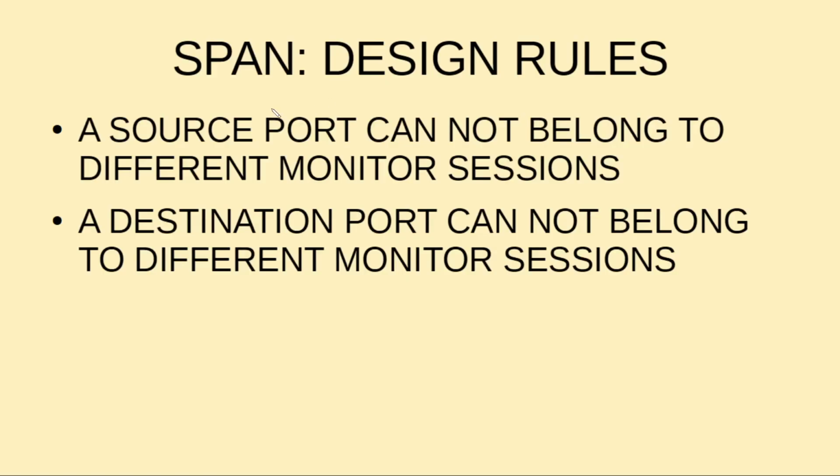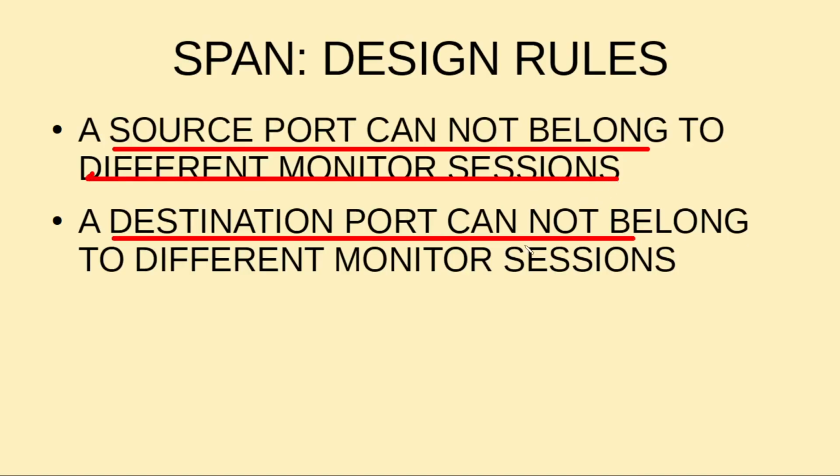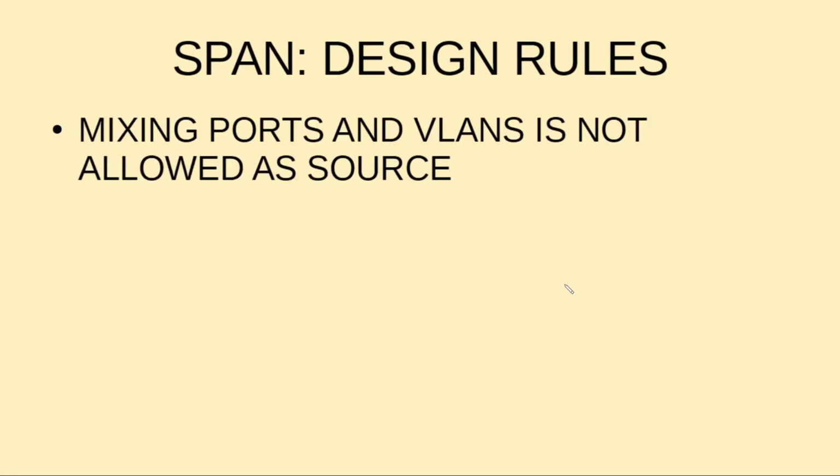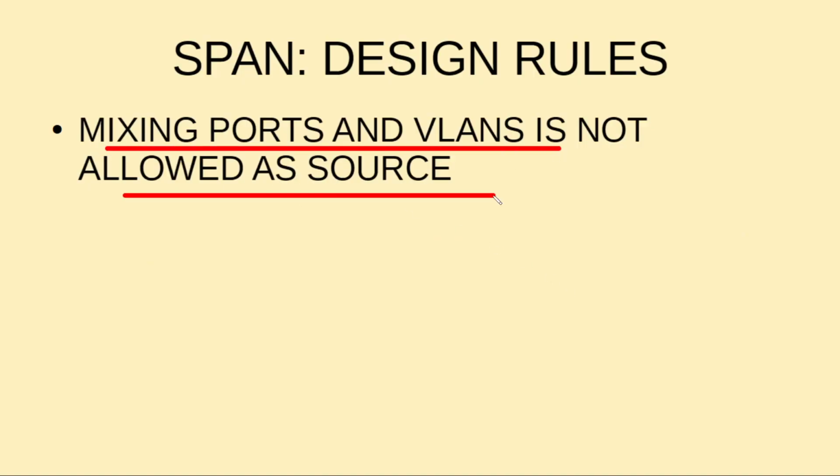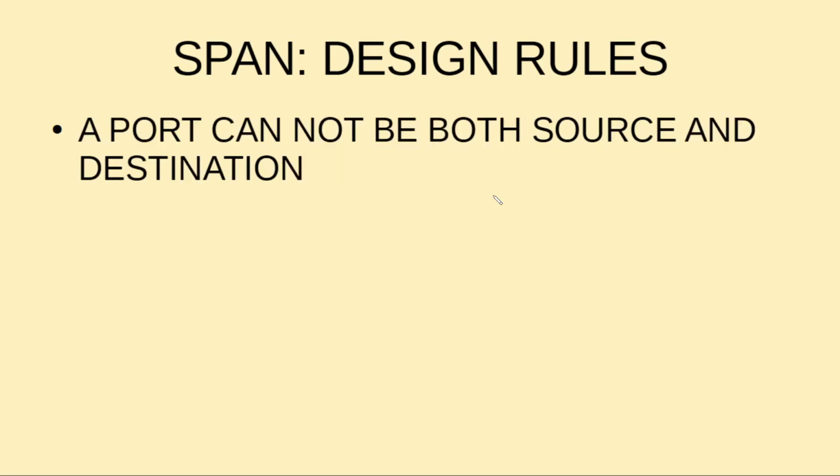You have to follow some rules in order to configure this feature. A source port cannot belong to different monitor sessions. A destination port cannot belong to different monitor sessions. Mixing ports and VLANs is not allowed for a source, so you either go and monitor ports or you go and monitor VLANs.